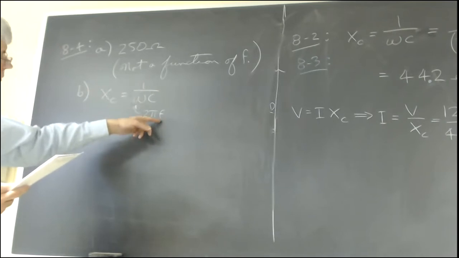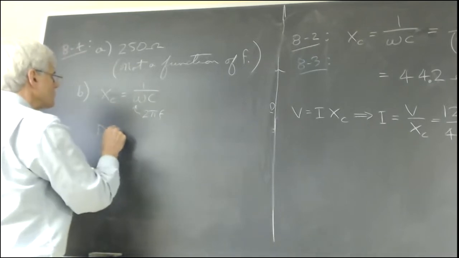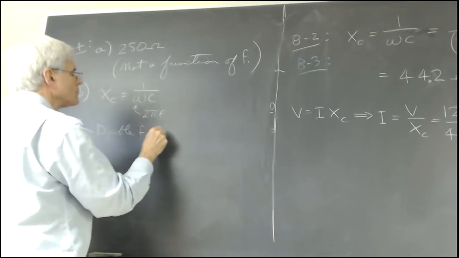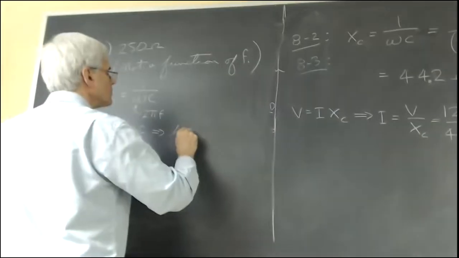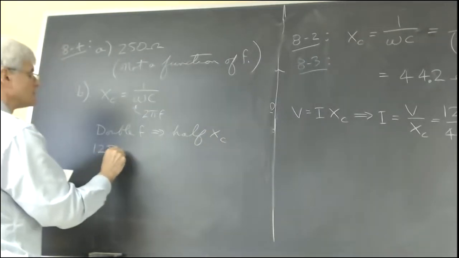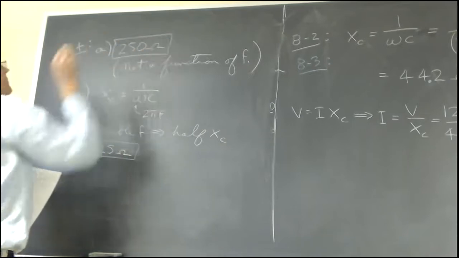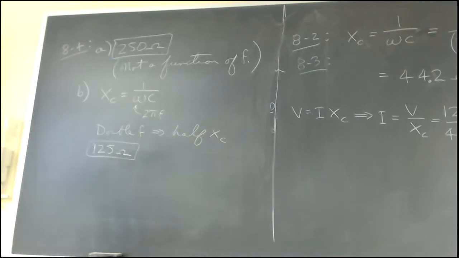If you double the frequency, that's going to give you half the ohms. So the 250 ohm resistor in part A is still 250 ohms, but there is no particular amount of ohms that goes with a certain capacitor that involves the frequency as much as the capacitance, and this would now be 125.